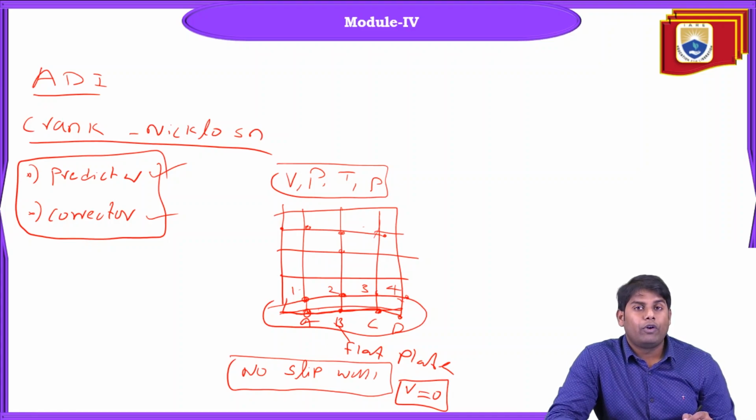So the first fluid layer will stick to it. When it is stuck, the value of velocity v is equal to 0 for the first fluid layer.